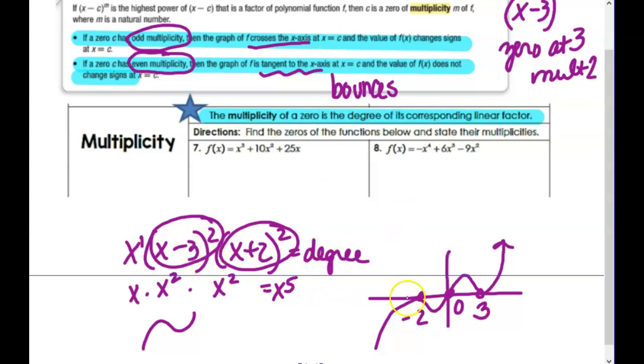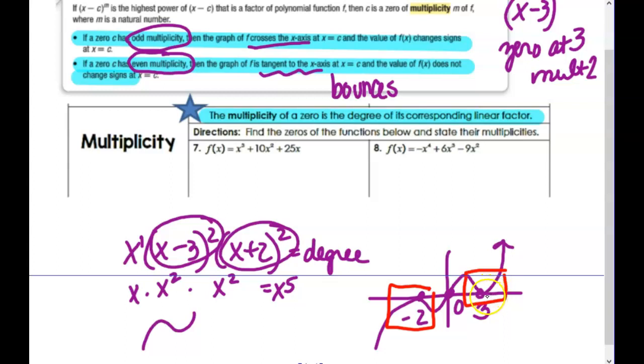Let me explain it this way. Right near -2, it's almost like a little baby parabola right in there. See that? Because it's degree 2. And over here at 3, it's like a little baby parabola. It bounces off there because it's degree 2.